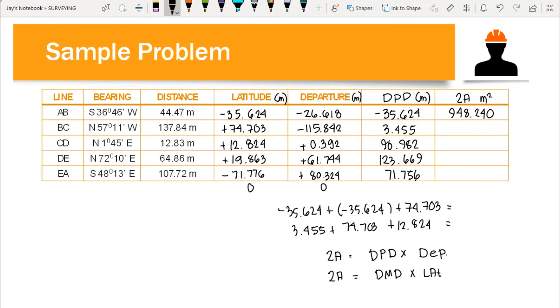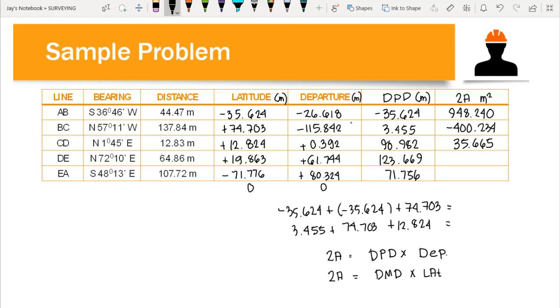This would give us 948.240. Then we multiply 3.455 and negative 115.842. We have here negative 400.234. Now we have 90.982 times 0.392. This would give us 35.665. Then we have 123.669 times 61.744.